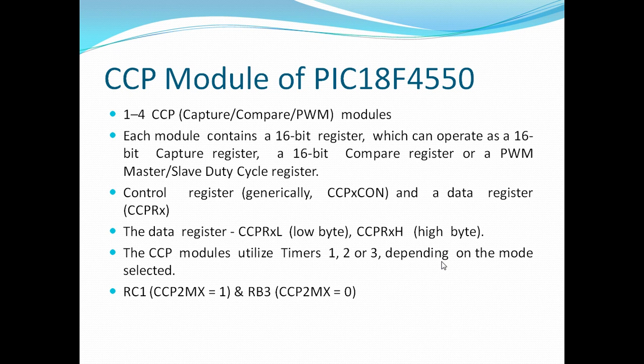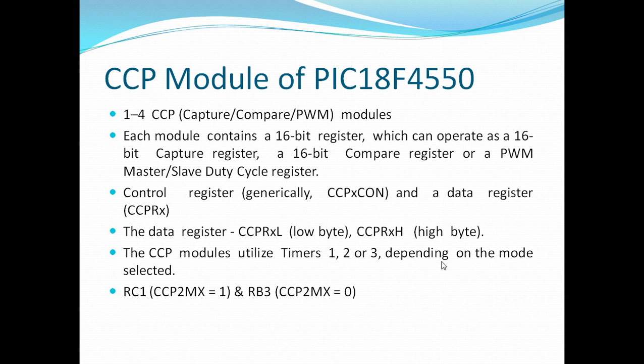As data registers, CCP has two registers which are 8 bits wide, so a total of 16 bits are available for storing the values. These registers are the CCPR lower byte register and CCPR higher byte register, for CCP1 and CCP2 respectively.